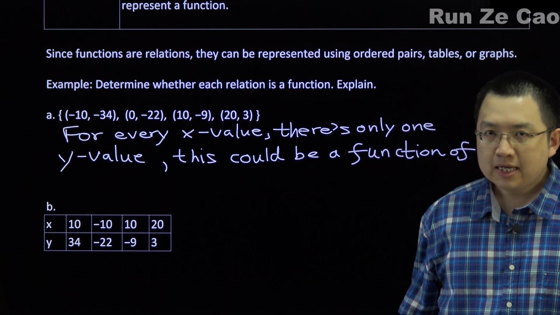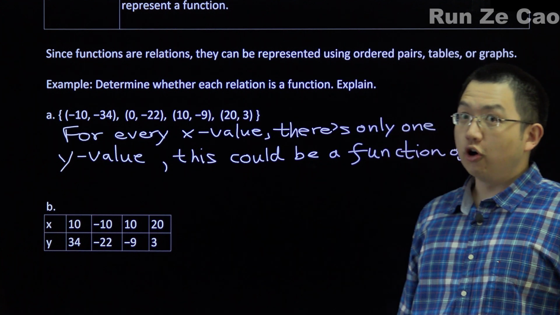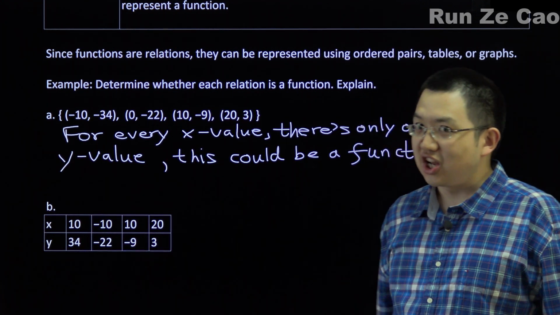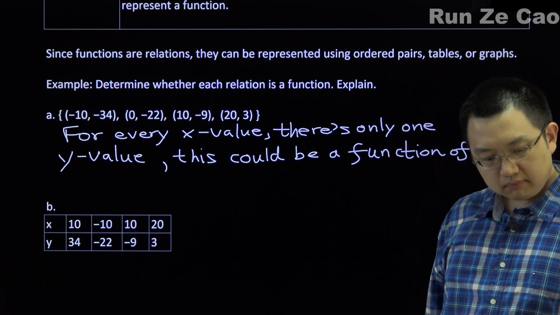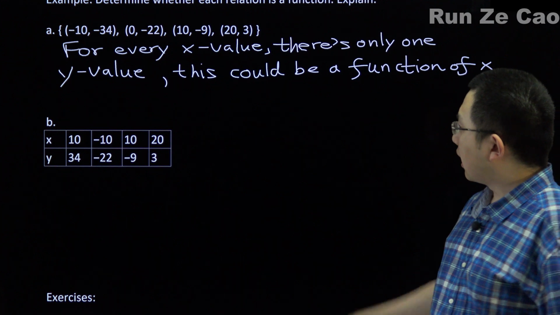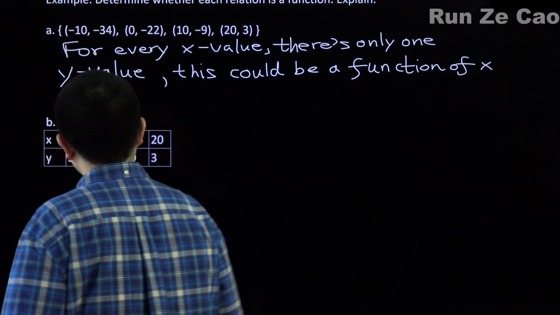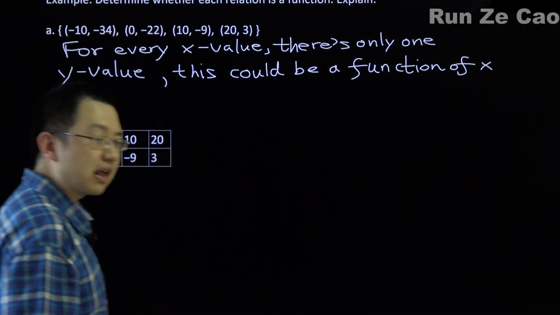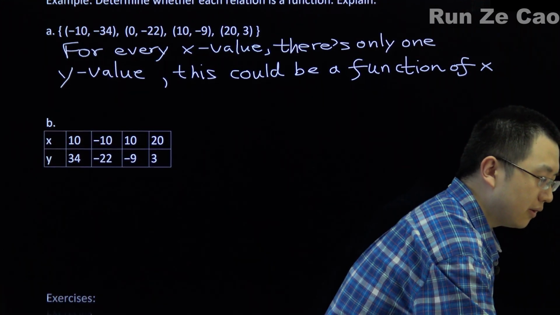So, x could also be a function of y in this particular relation. But we won't actually write that down because we are not usually considering that at this grade level.